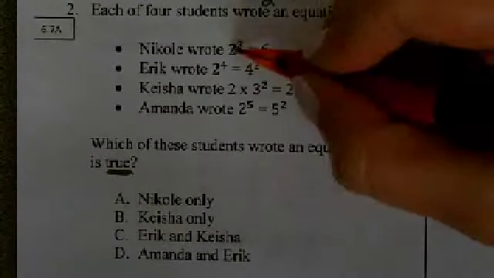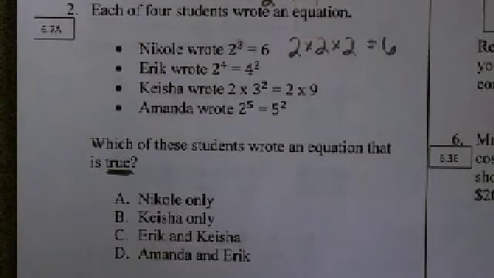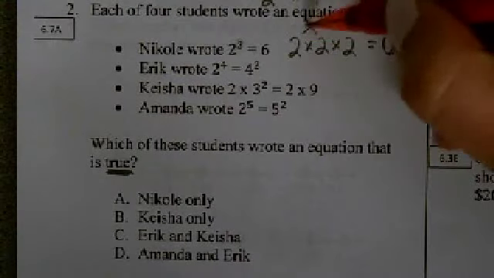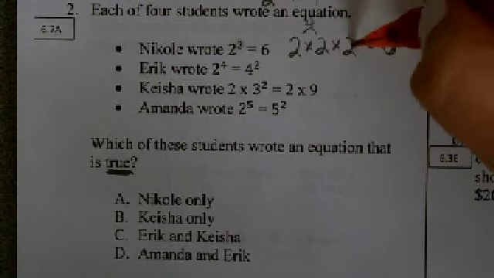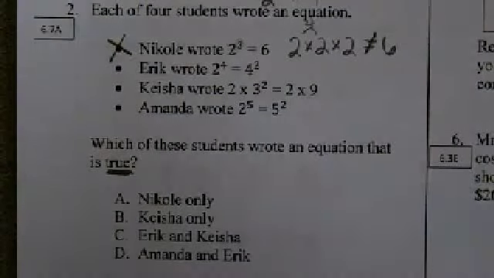So 2 cubed is the same thing as 2 times 2 times 2, and Nicole said that that equals 6. But when we multiply 2 times 2, which is 4, and then multiply it by 2 again, that's going to get us 8, which is not 6. So Nicole's equation is not true. I'm going to put an X over that one.